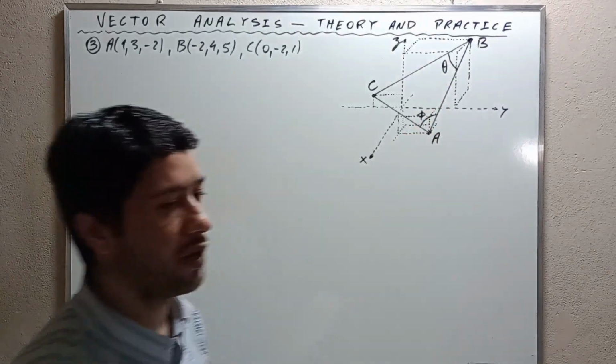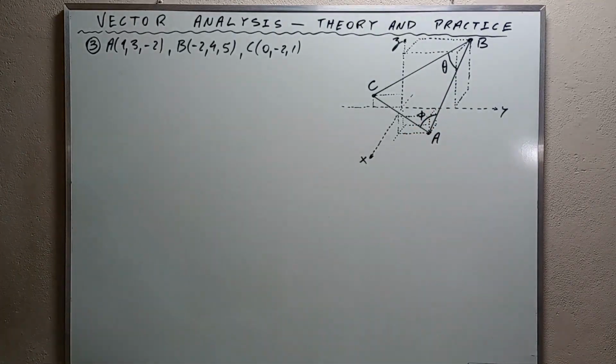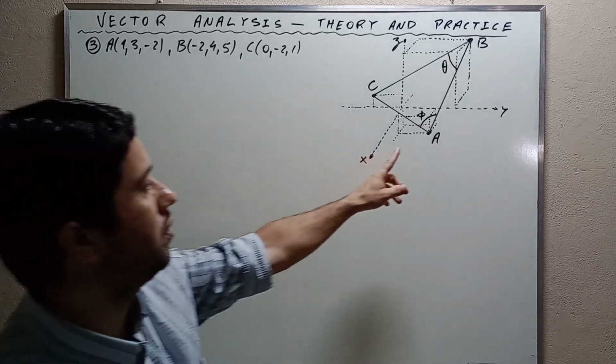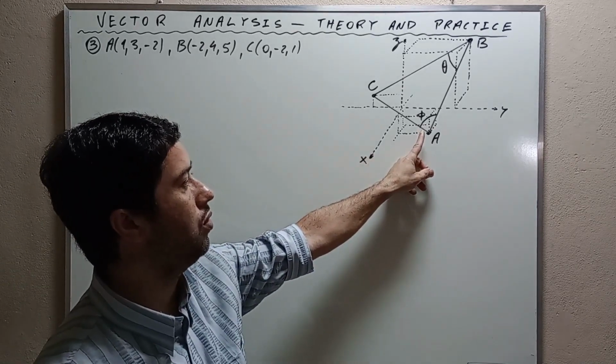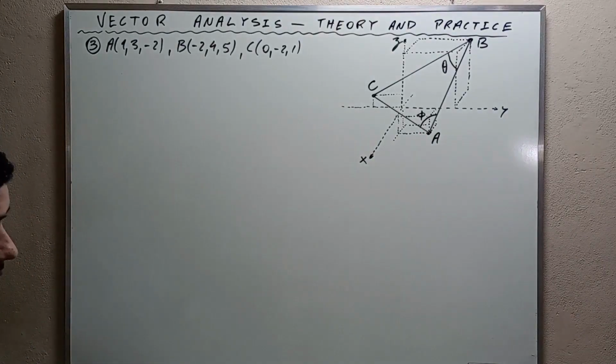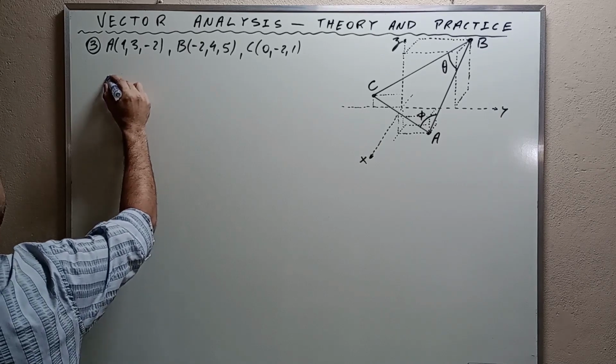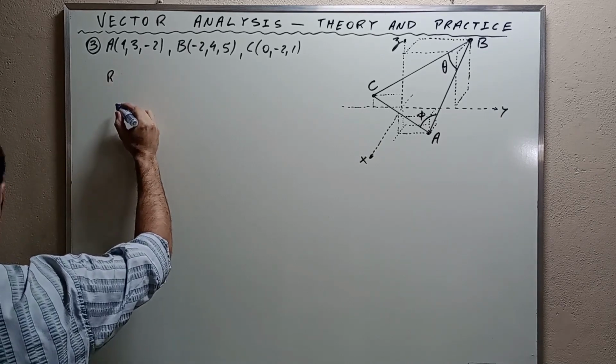And the problem wants us to find these angles theta and phi using the definition of the dot product. So let's go. Let's find first this angle here, angle phi. To find phi, we will use the definition of the dot product, RAB.